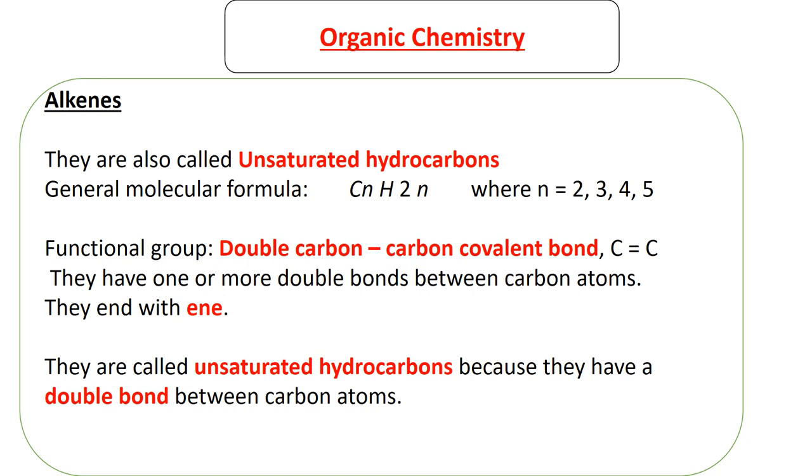So now, why are they called unsaturated hydrocarbons? It's because they have a double bond between carbon atoms. So how is having a double bond connected to being unsaturated? So the double bond implies that there are not enough hydrogen atoms for the carbon atom to bond to. So it bonds with another carbon atom twice, or with double bonds. They share 2 pairs of electrons.